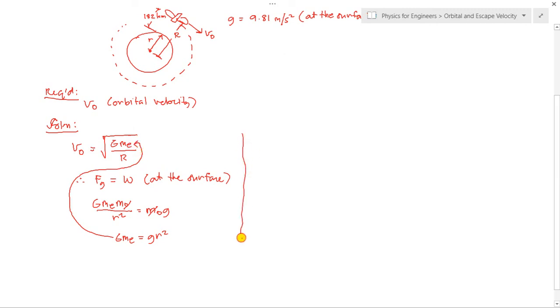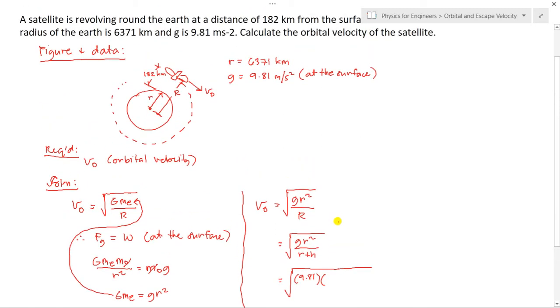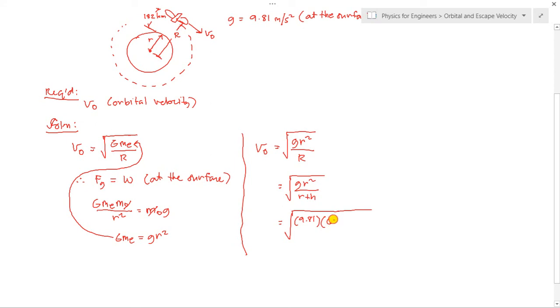So the orbital velocity VO is equal to the square root of g R squared all over R. Then what is our R? R is just equal to the radius R plus the height, right? Then substitute the values. We have 9.81 multiplied by the radius of the earth, 6371.